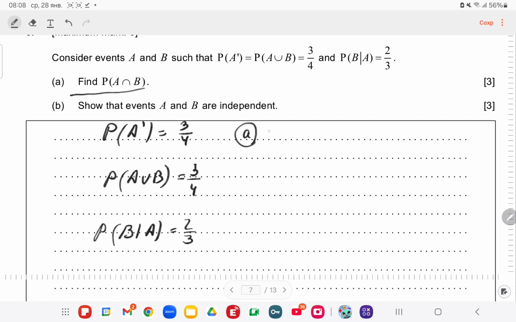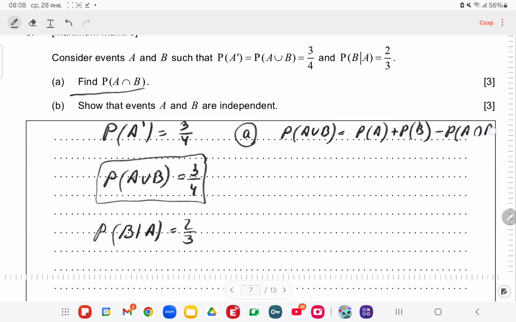How to find the intersection? First of all, we can use the formula of combined events. From the formula booklet, we should be aware that P of A union B is equal to P of A plus P of B minus P of A intersection B. So that's how we will get the intersection.